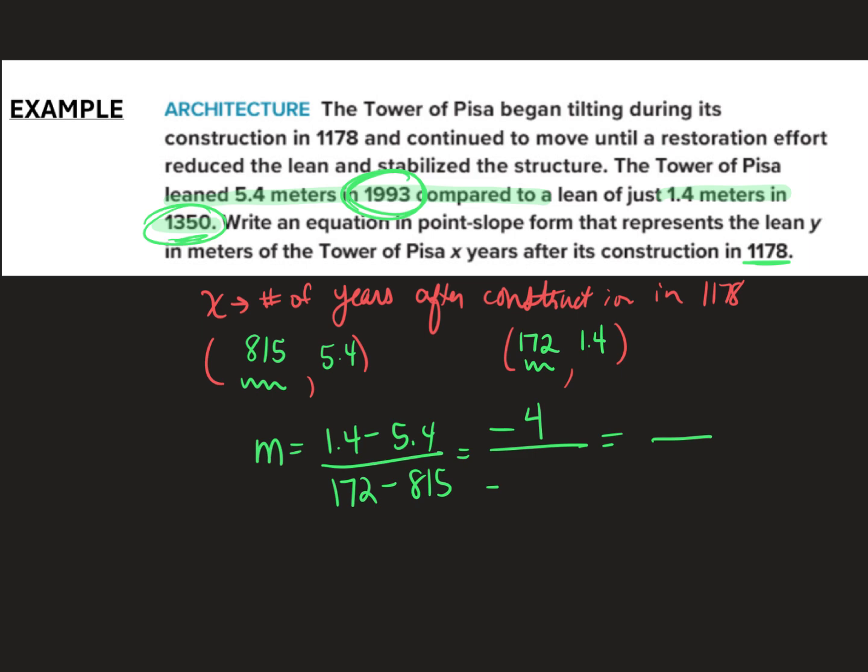And then 172 minus 815 is -643. Then we're going to divide -4 by -643.